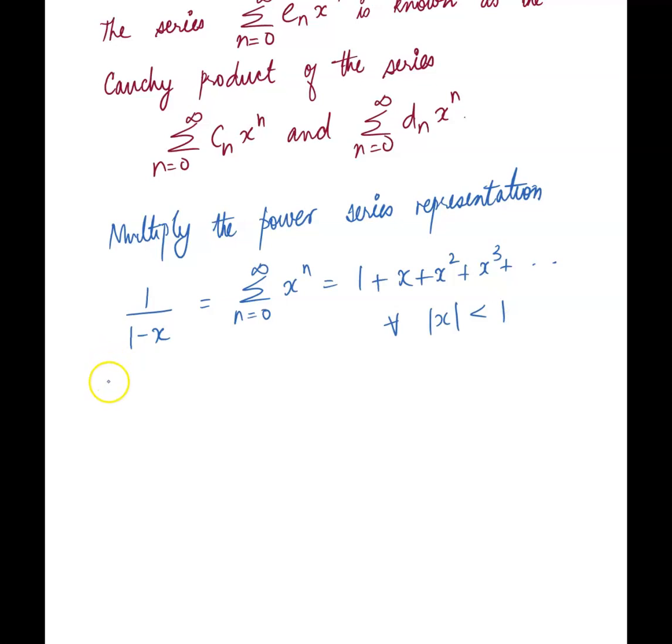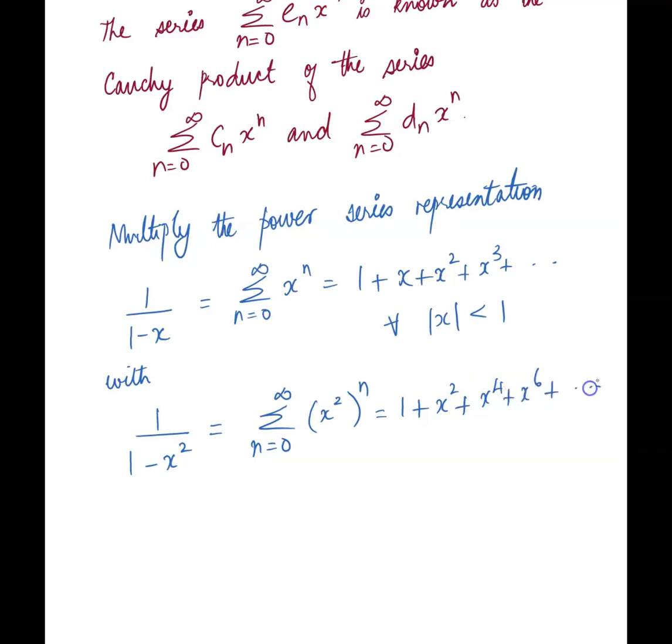Okay. You want to multiply this with 1 over 1 minus x squared for all x, absolute value of x less than 1.